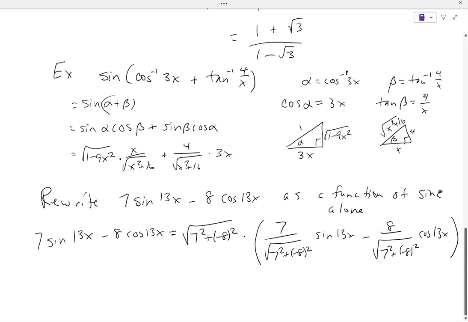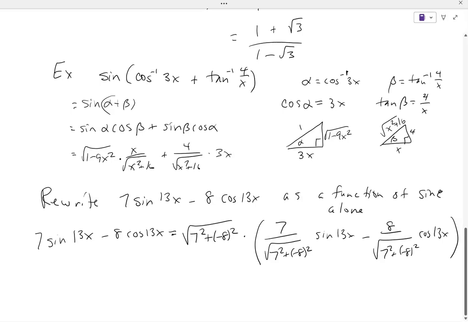But remember, we want the coefficient in front of the first term to represent the cosine of an angle, and the coefficient in front of the second term needs to represent the sine of that same angle. So I'm thinking of the 7 as being the adjacent side, and the -8 as being the opposite side. I need to create the right triangle. I need that hypotenuse. That's why we're dividing by the hypotenuse there.